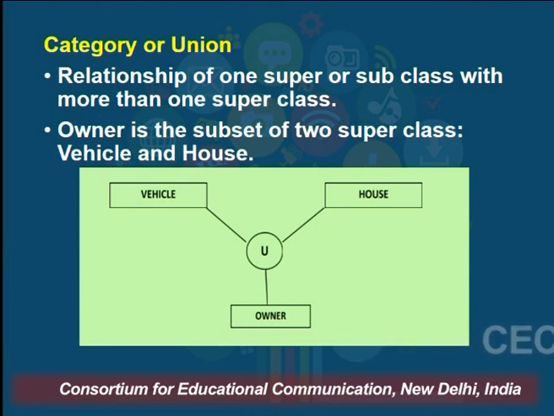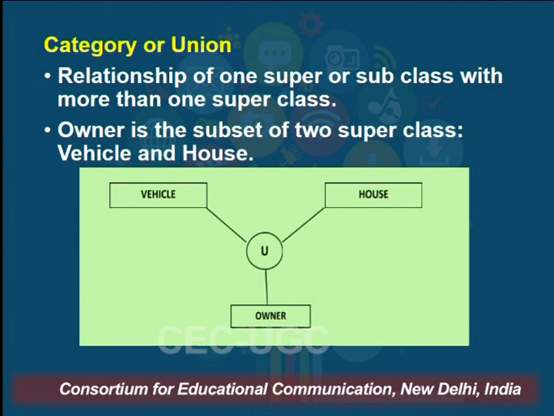One is owner, which is a subset of two superclasses, which are vehicle and house. So vehicle is going to have an owner, and house will also be having an owner. So owner here is the subset of these two superclasses, vehicle and house.